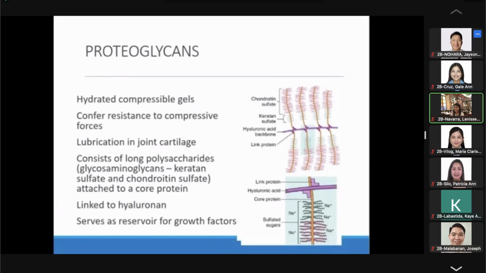These are linked to hyaluronan, which is a long hyaluronic acid polymer, and the highly negative charge attracts cations in water and produces a viscous gelatin-like matrix. And proteoglycans also serve as a reservoir for growth factors.